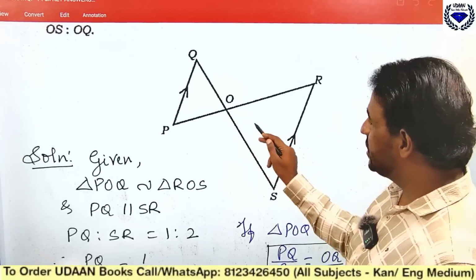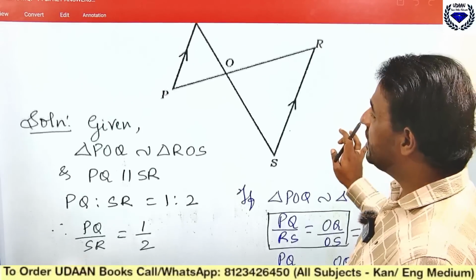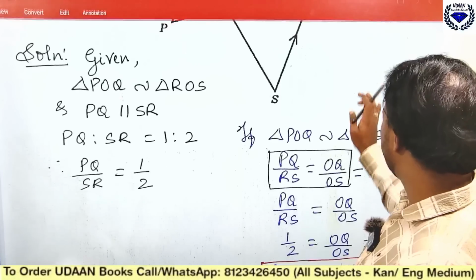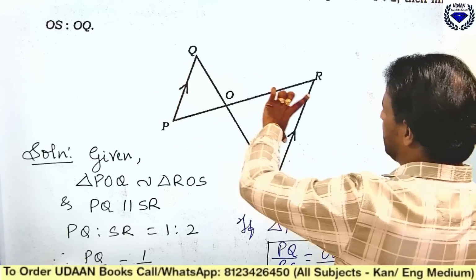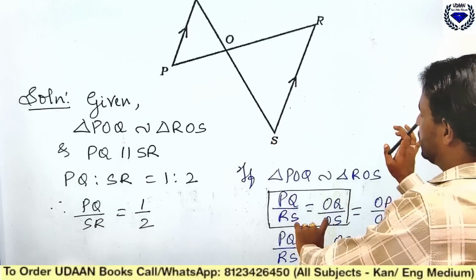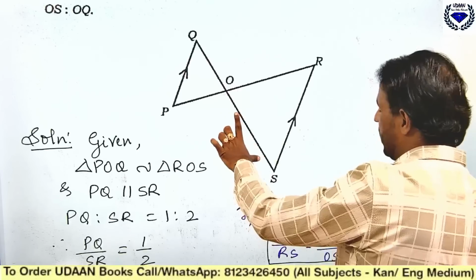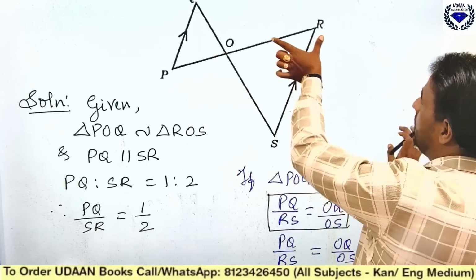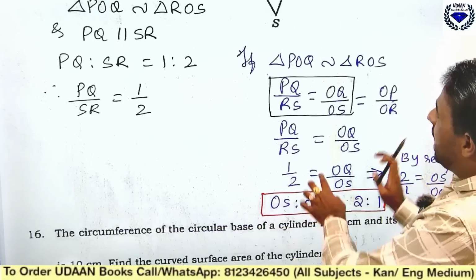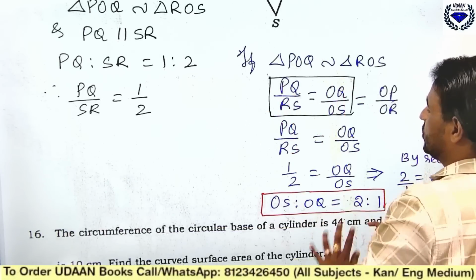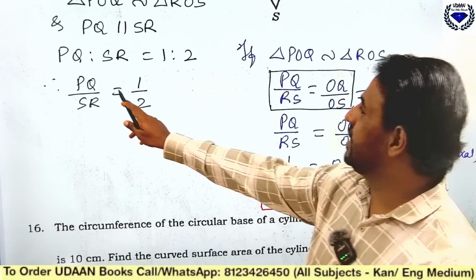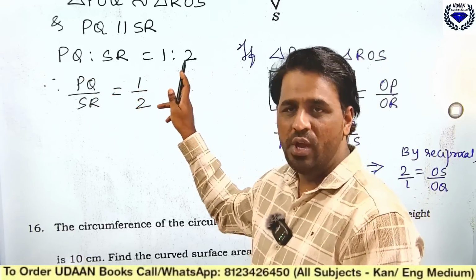Now given is what? Already they said that these two triangles are similar. So if these two triangles are similar, what can you write? So you can write PQ, see here, this length divided by this length should be equal to OQ by OS, should be equal to OP by OR. Now you see PQ by RS is equal to OQ by OS. Only this one you should take. Now already they said that PQ to SR is equal to 1:2.